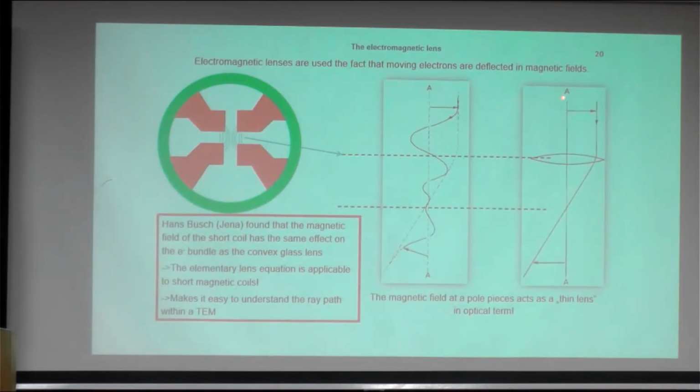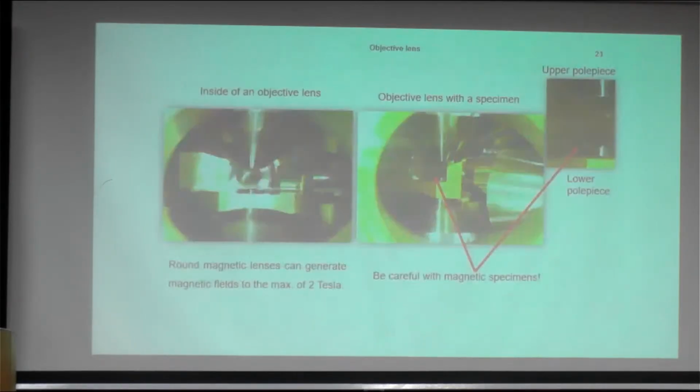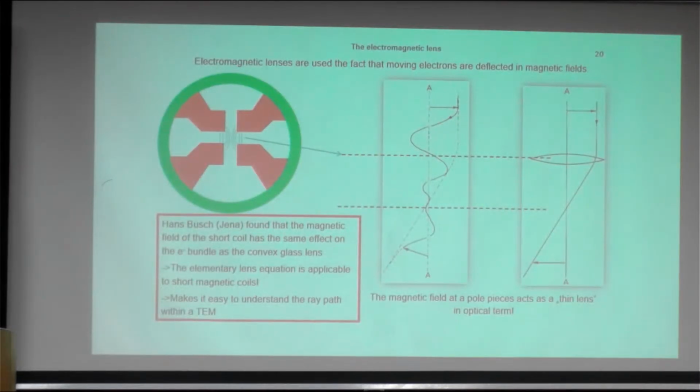They bring your electrons from one point to another point. So the magnetic field pole pieces act as a thin lens in optical terms. And because these are electrons, you can better manipulate them by using electromagnetic lenses. And in this case also, because we always make the analogy to normal lenses, we can also apply the elementary lens equation to these short magnetic coils.